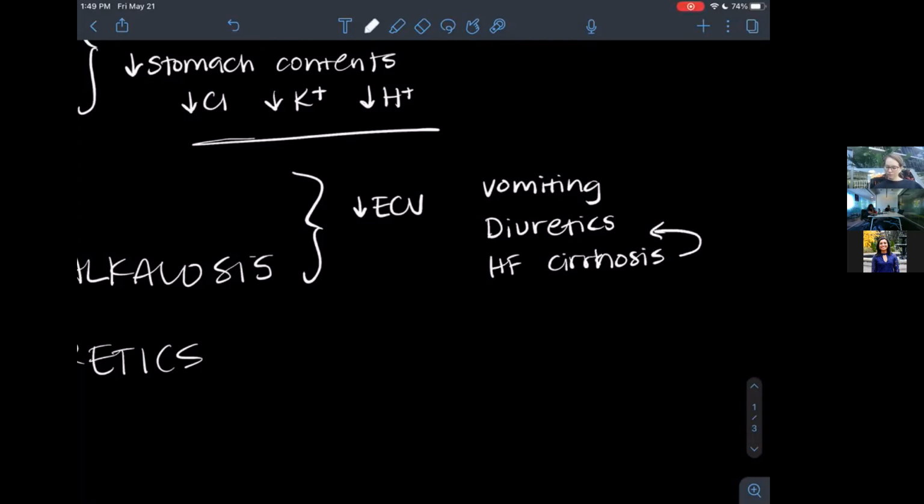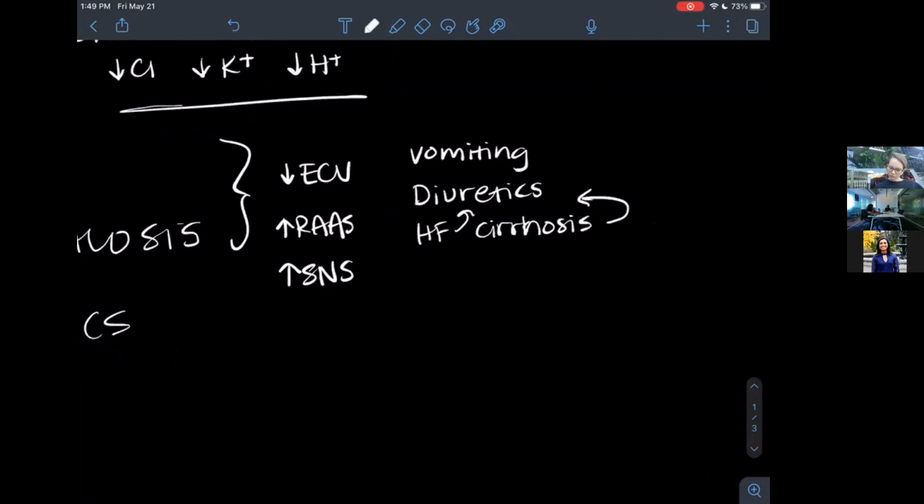Both of these are also treated by diuretics. What's happening here is that you are increasing your RAS and your sympathetic nervous system. Essentially, in your kidneys you are seeing an increase in bicarb resorption.